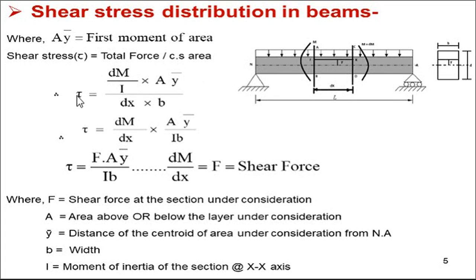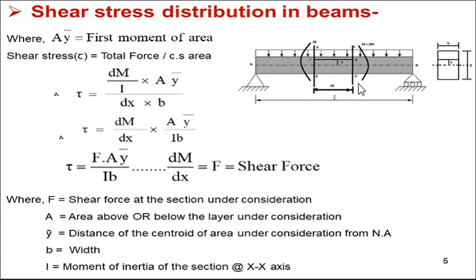Shear stress tau is the total force divided by cross-sectional area. So now we can determine the shear stress. There is a formula for shear stress: total force divided by area. We determined the total force right now, dM divided by I into ay, and the total cross-sectional area is dx into b. So we are just considering the shear stress over that particular section.